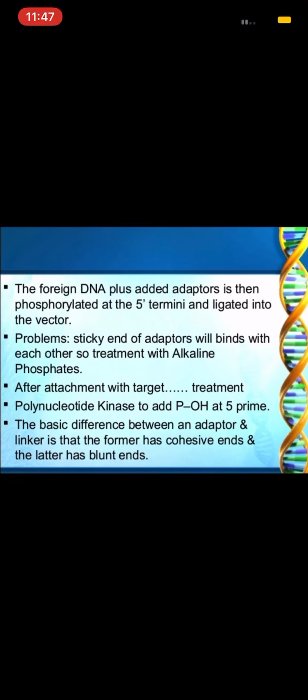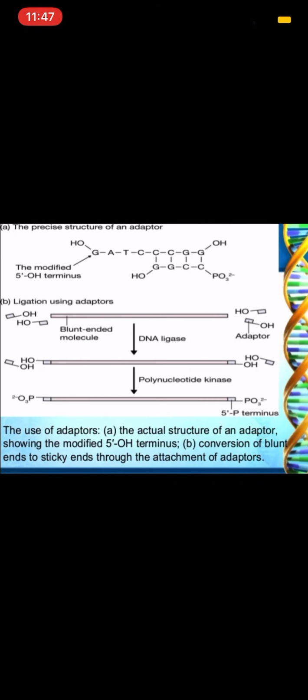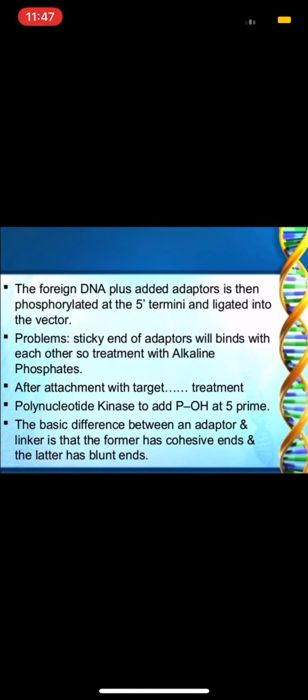The foreign DNA plus added adapter is then phosphorylated at the 5' end. The 3' hydroxyl is not modified, so 5' phosphorylation is done. Problem: the sticky ends of adapters will bind with each other, so treatment with alkaline phosphatase is used.